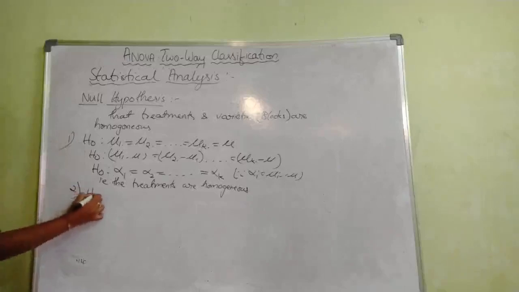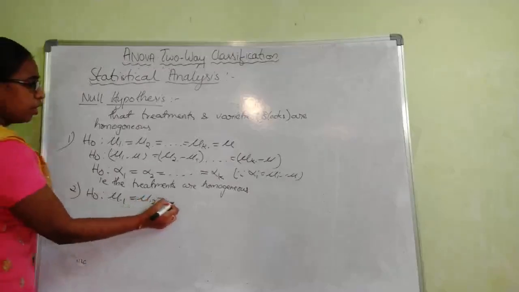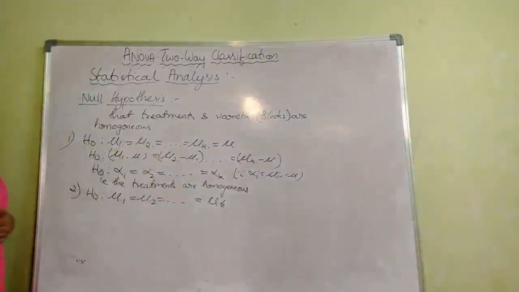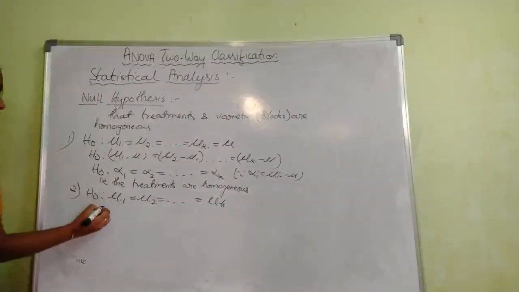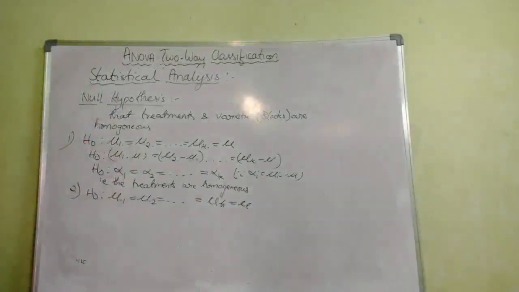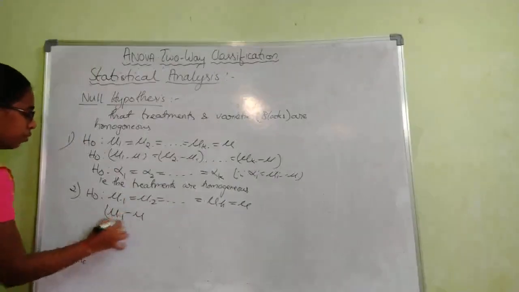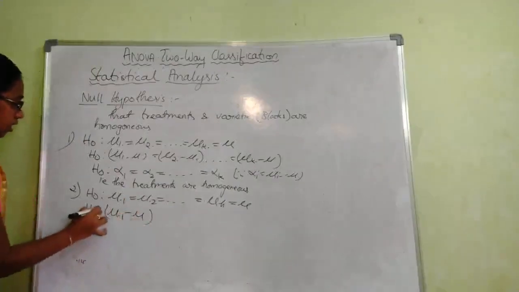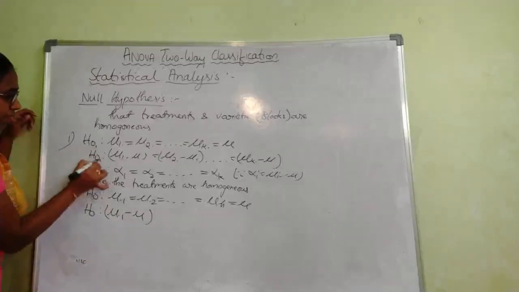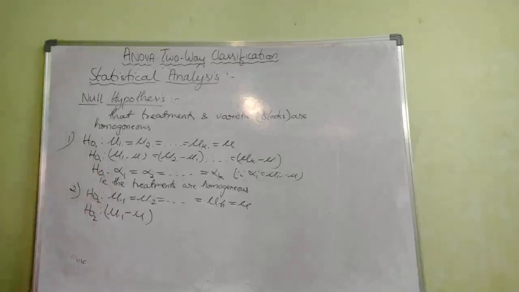The second null hypothesis, H naught such that mu dot 1 equals mu dot 2 equals and so on up to mu dot h. We are going to have a total of h blocks, right? So this equals the overall mean, that is mu. Now you can write H naught 1 and H naught 2 in the suffix, because we are writing two hypotheses.